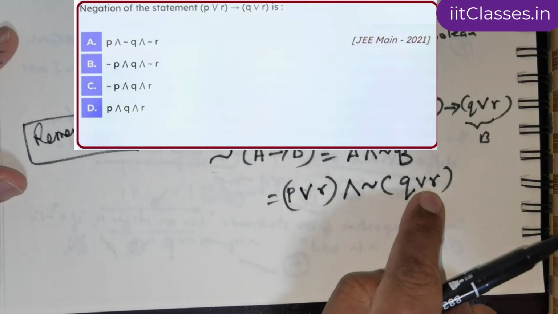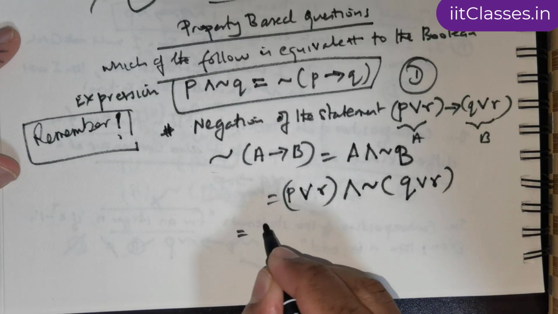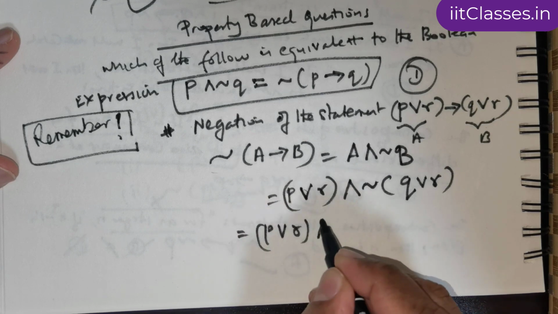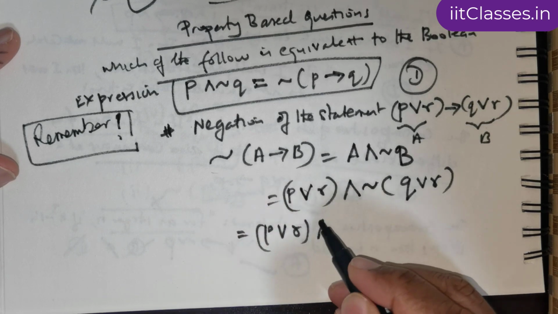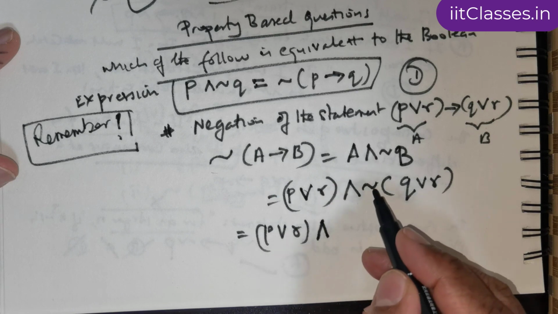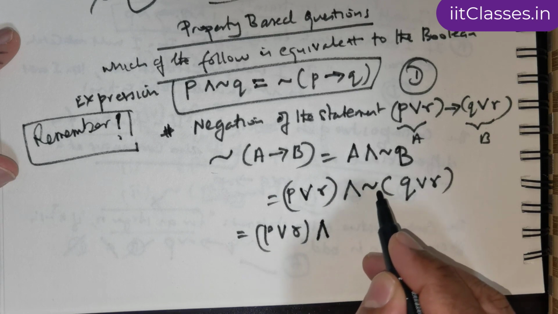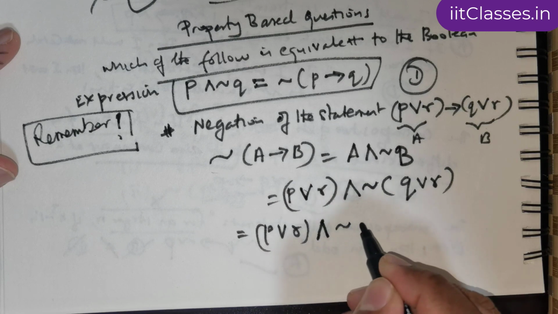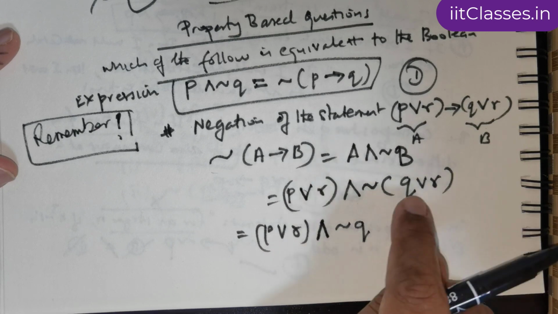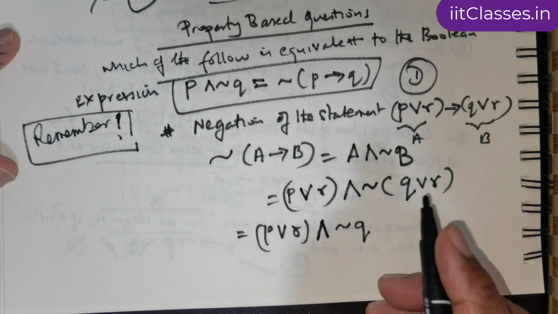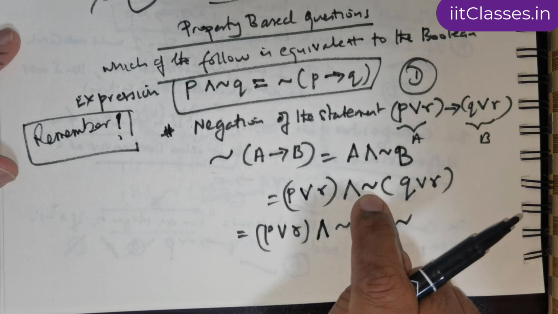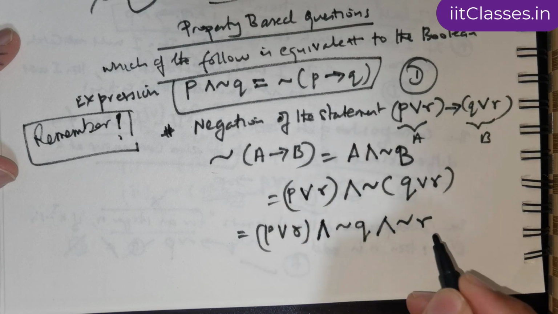Now just distribute this negation. This is equal to P disjunction R, I should say conjunction, followed by, I am just distributing the negation all across. So this is going to be negation of Q. Negation, when it hits disjunction, that would become conjunction, followed by the negation of R, right?